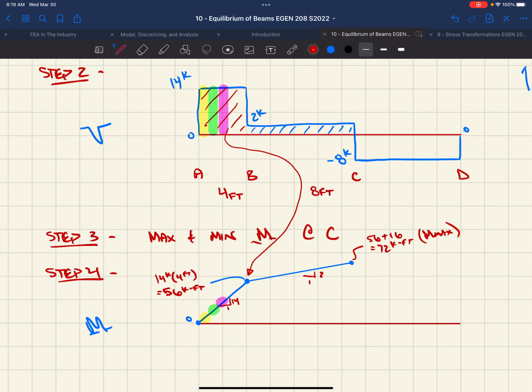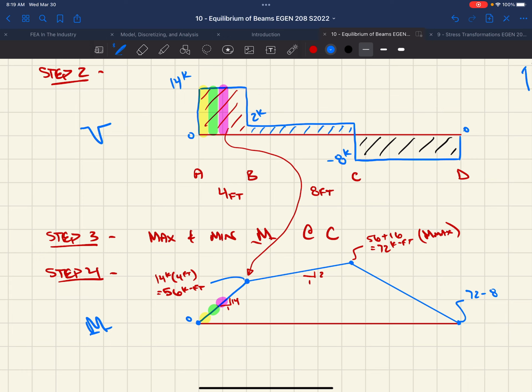We've captured all of our positive shear force. And so we're transitioning now. We're going to take it away. And hopefully our last area is equal to our positive area and brings us back to 0, right? Because we have no moment at the end of this member. So I'm going to say that this is going to go all the way down to here. This would be 72, right?